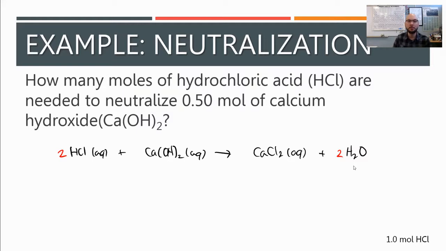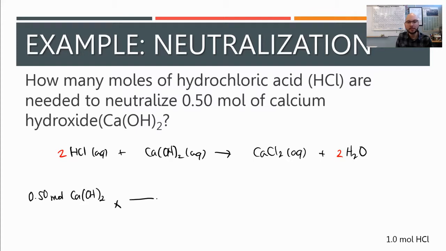So it asks how many moles of hydrochloric acid are needed to neutralize 0.5 moles of calcium hydroxide. We don't have to deal with concentration in this question. We're simply doing a mole to mole ratio, hopefully something you remember from Physical Science 20. So we are given 0.50 mole of Ca(OH)2.